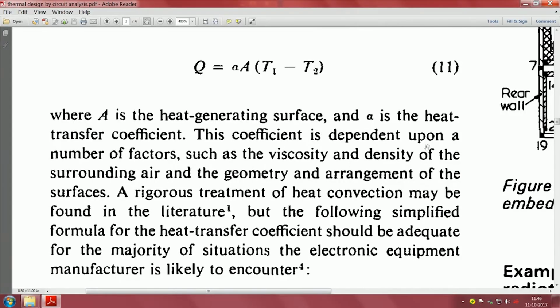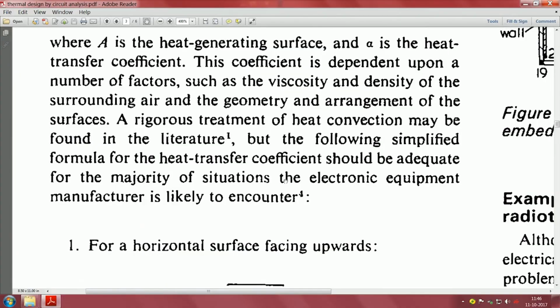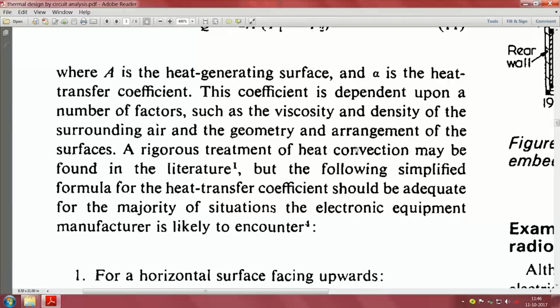A is the heat generating surface and alpha is the heat transfer coefficient, dependent upon a number of factors such as the viscosity and density of the surrounding air, and the geometry and arrangement of the surfaces. Rigorous treatment of heat convection may be found in the literature, but the following simplified formula for the heat transfer coefficient should be adequate for the majority of situations. This is what Schoenhauser also has talked about. You read it for yourself again.